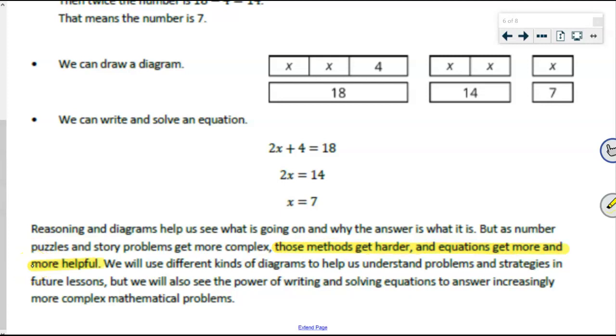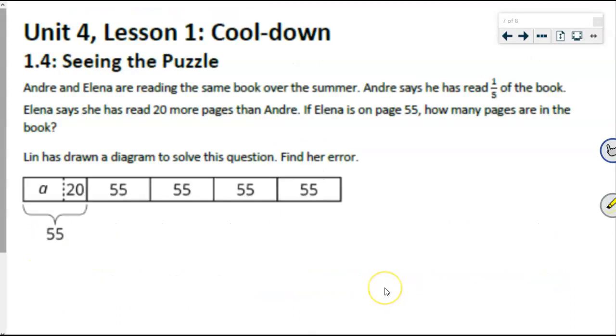The flow maps are going to continue to help. But all of these riddles, all these number puzzles can be fun and they can be interesting, but equations are going to be a better way to think about them as they get more and more complex. We're going to use different kinds of diagrams to help us understand problems and strategies in these future lessons, but all of those will build to show that the power of writing and solving equations is going to be an incredibly helpful tool.